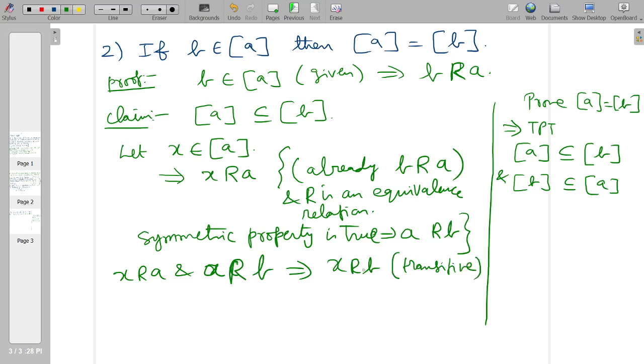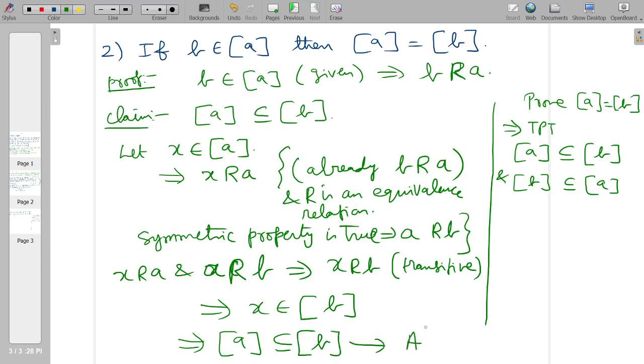So when X is related to B, I can conclude that X should be in equivalence class of B. So now I have started with an element in equivalence class of A, and I am able to prove that X is an element of equivalence class of B, and from this I get equivalence class of A is contained in equivalence class of B. So now I call this as equation A. Now I have to prove the other way.